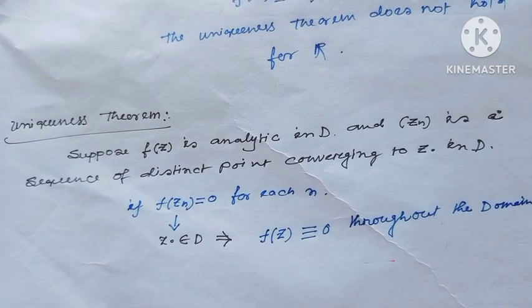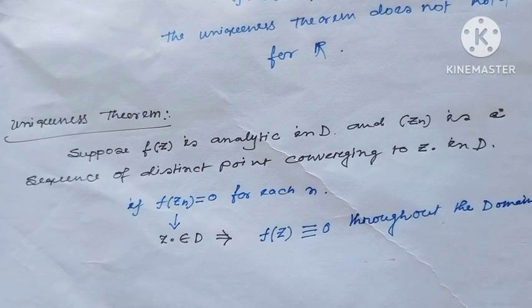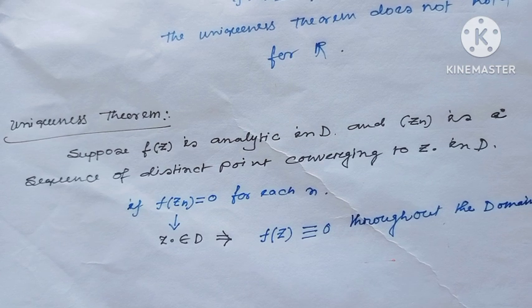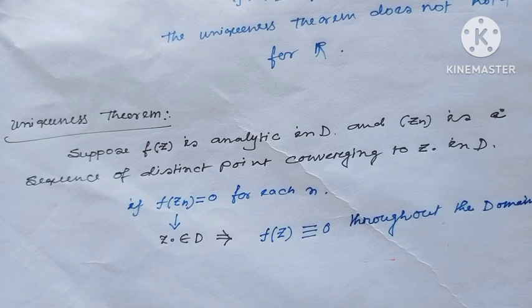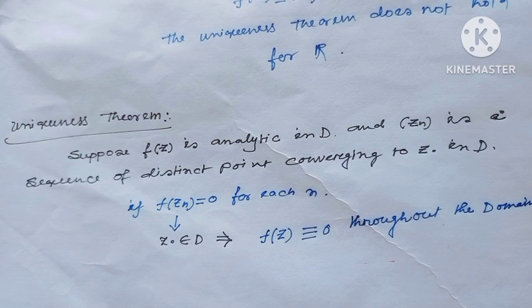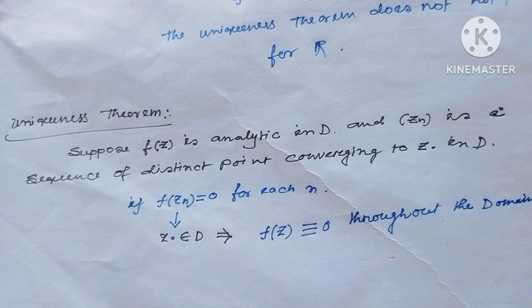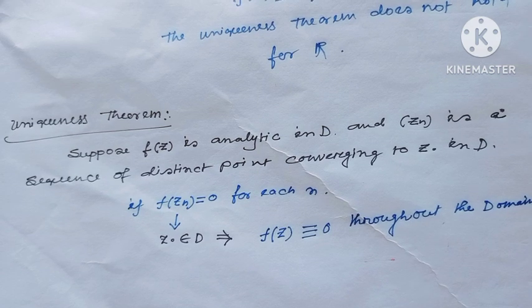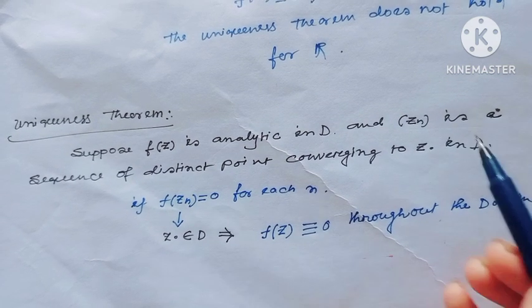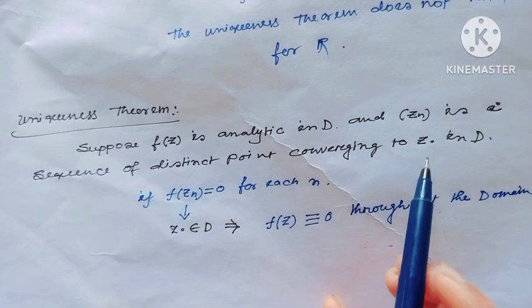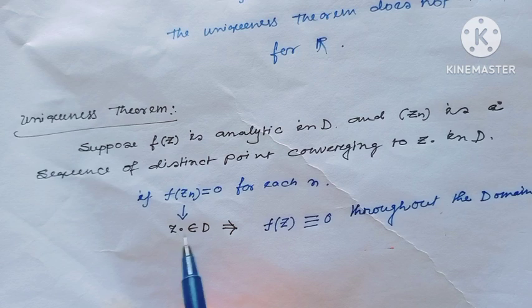Another approach of uniqueness theorem is, suppose f(z) is analytic in the domain D and z_n is a sequence of distinct points which is converging to z0 in the domain D. That means, if f(z_n) equal to 0 for each n, since z_n is a sequence of distinct points which is converging to z0, that means z_n converging to z0.